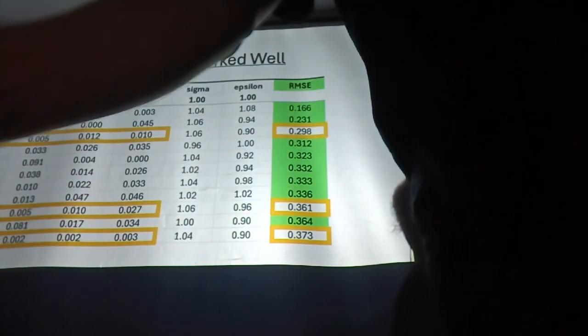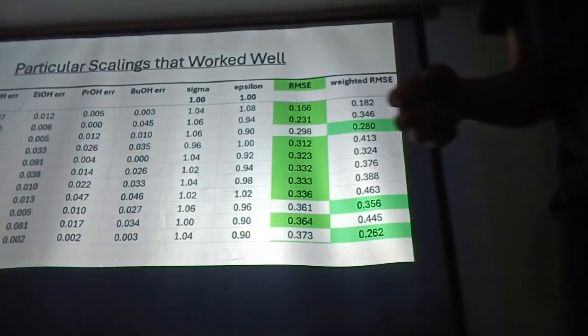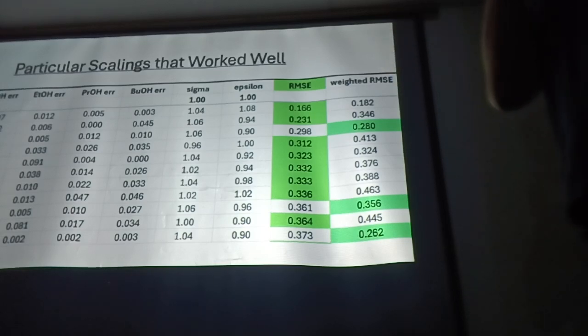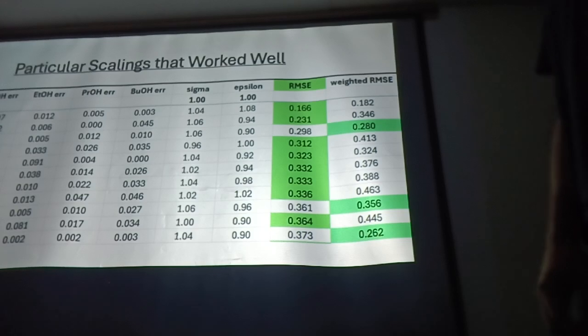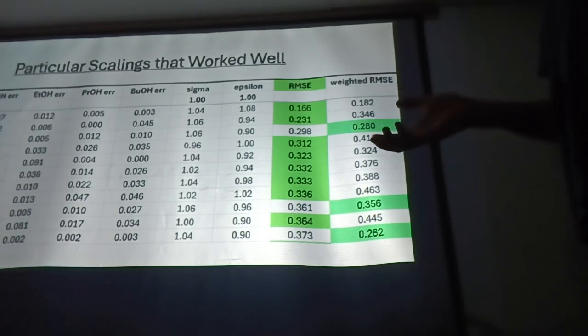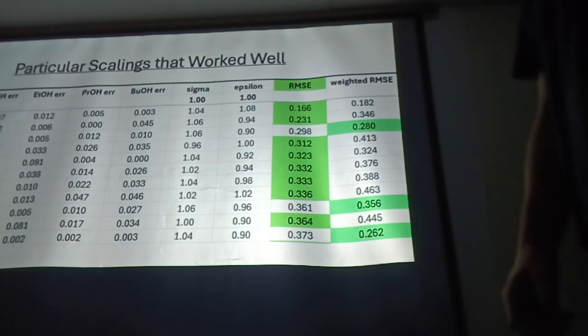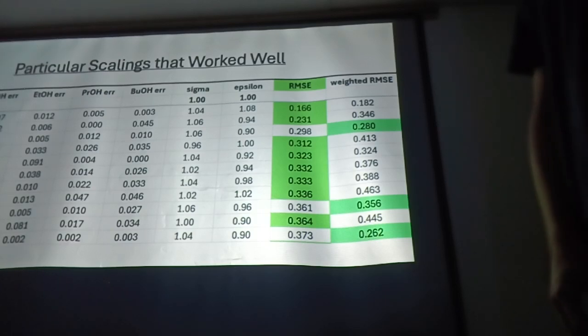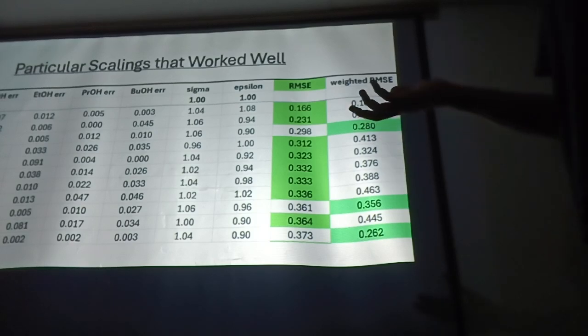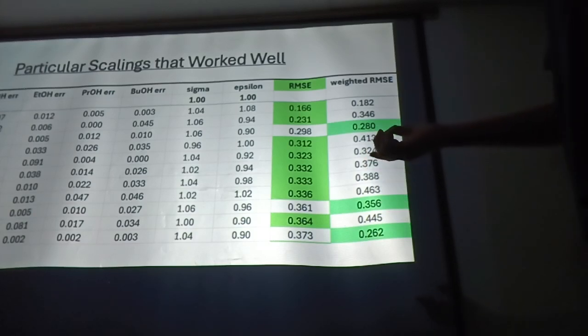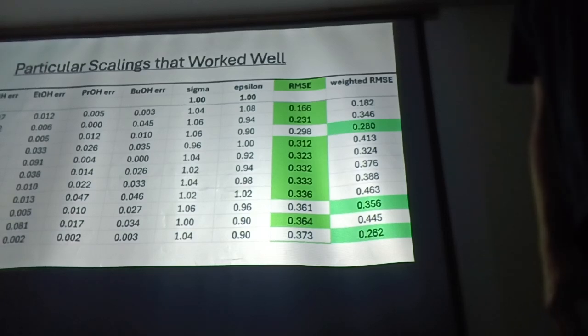Well, whenever we refine our criteria further and say that we want to weight the importance of each error of each system, because where we eventually want to take this application is to larger molecules. Not every molecule is as small as methanol. So if it's really good at simulating methanol, it won't really get us much elsewhere, so we don't really care as much. Whereas if it's really good at simulating butanol or something larger, then we care more about those scalings. They show more potential promise.